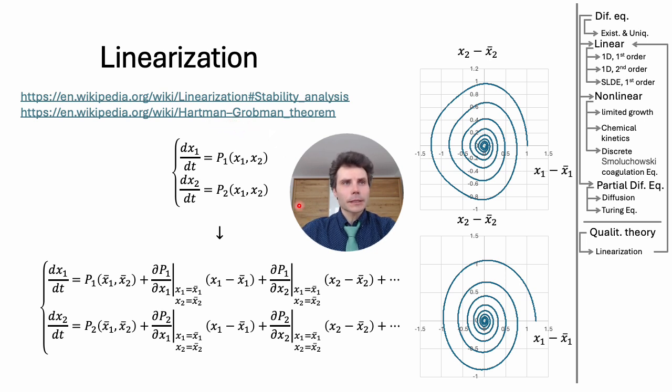The theorem is that if the solution of the linearized equation is non-degenerate, if it's surely converging or diverging, then the original system bears the same behavior in at least a small neighborhood of its stationary points.